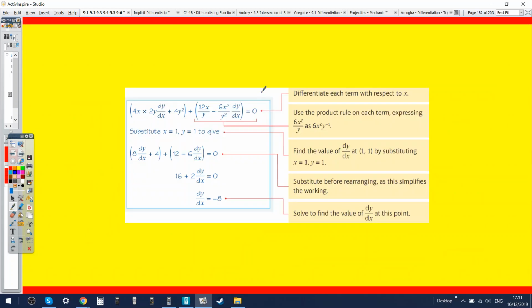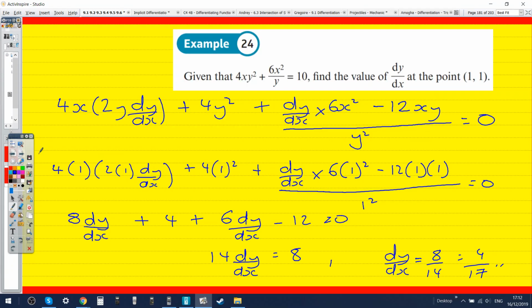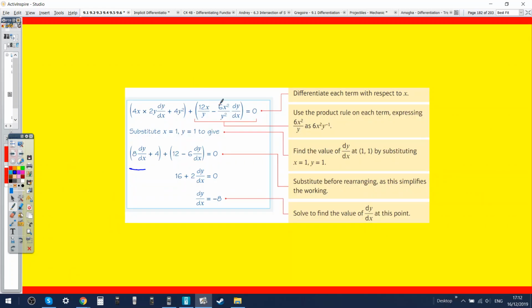Oh, 7, not 17. Where did we go wrong? 8 dy by dx plus 4. They got plus 12, not minus 12. Should we have gotten... no, it's quotient rule, so it should be minus.